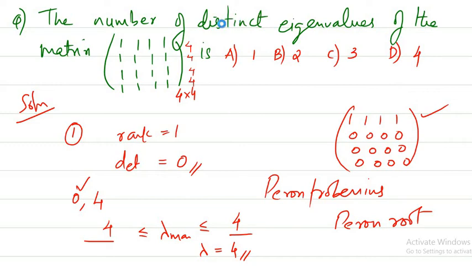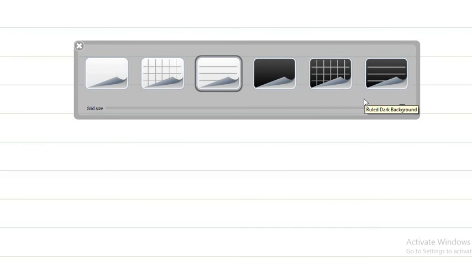So let us discuss nullity, then we'll come to this particular question. What do you mean by the nullity of a matrix? I think I have done it in a previous lecture, but I'll discuss it.